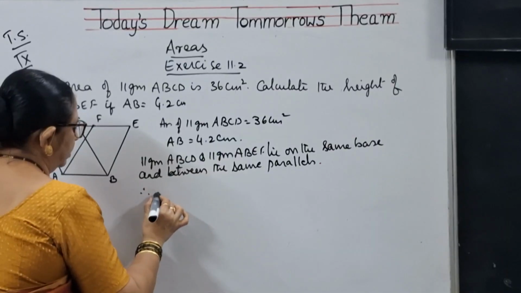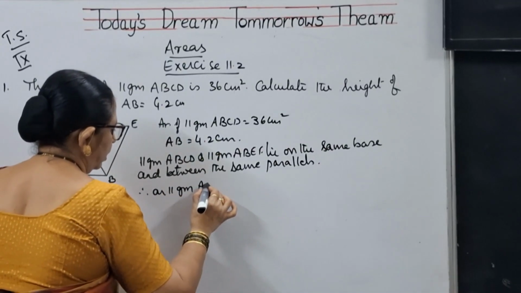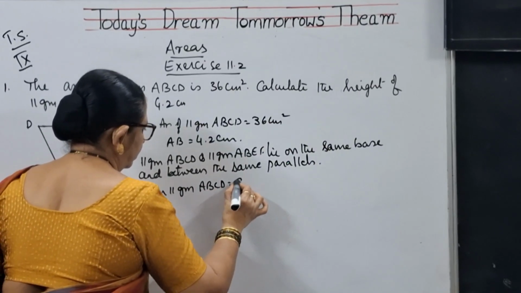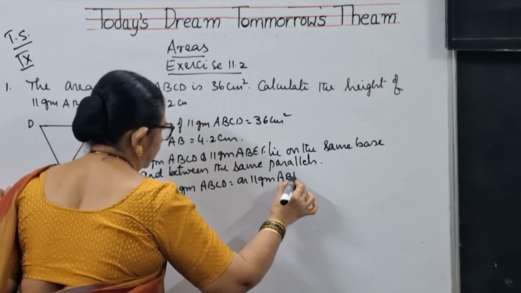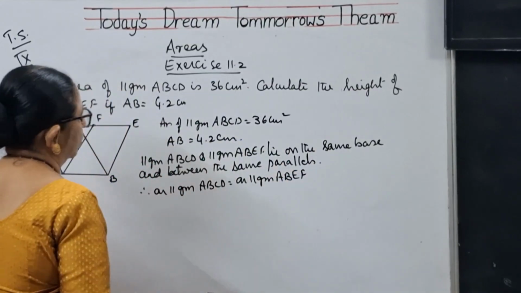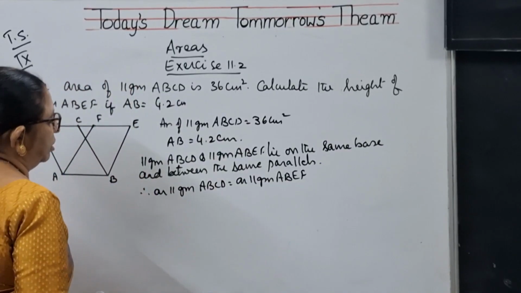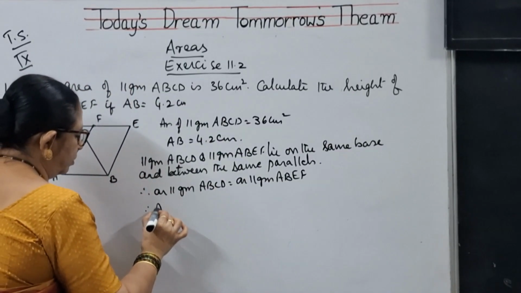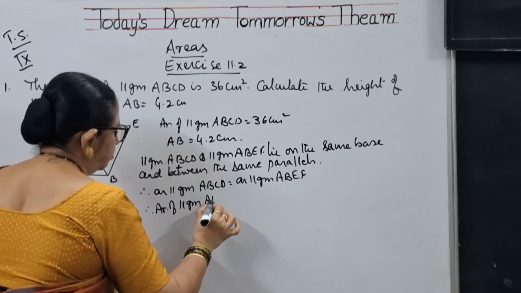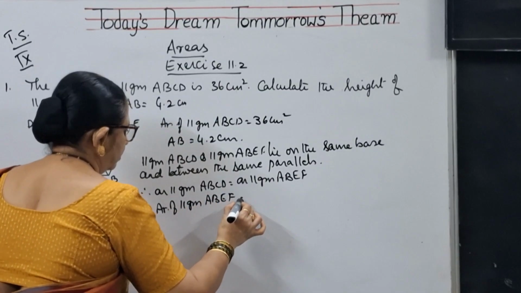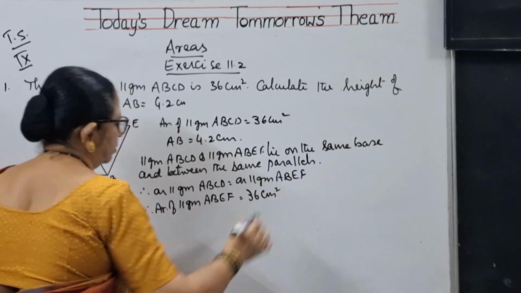Therefore, area of parallelogram ABCD is equal to area of parallelogram ABEF. Both of them have the same areas. Why? Because they are lying on the same base and between the same parallels. Therefore, area of parallelogram ABEF is equal to 36 square centimeters.